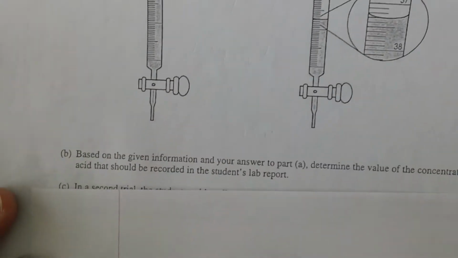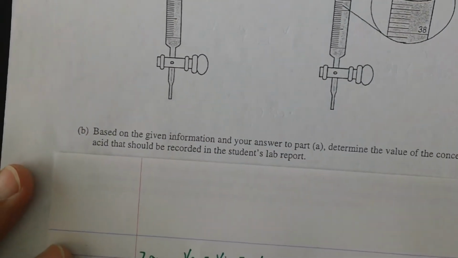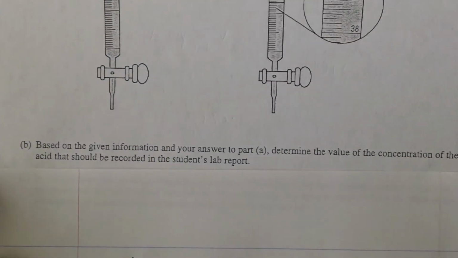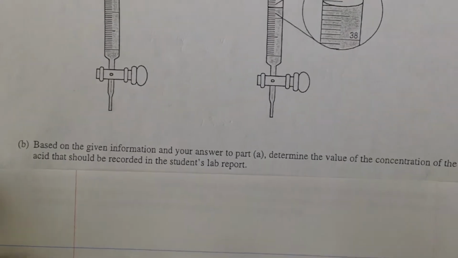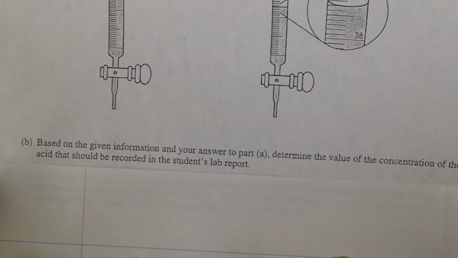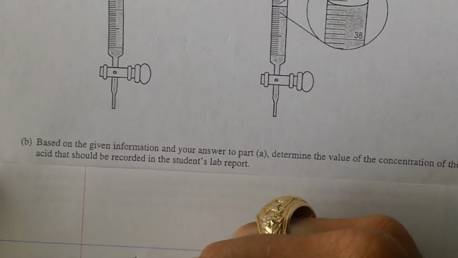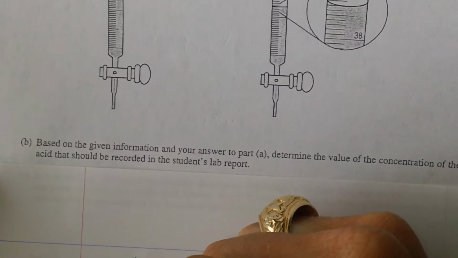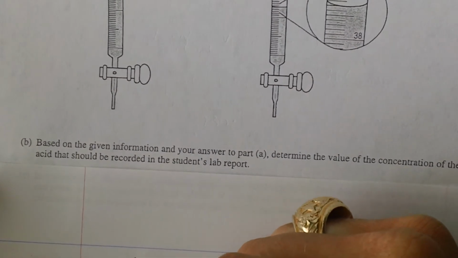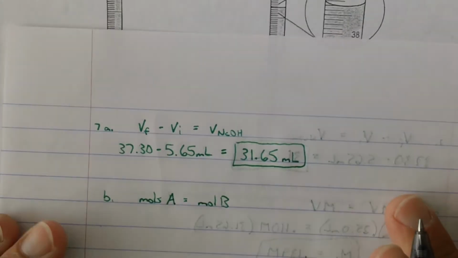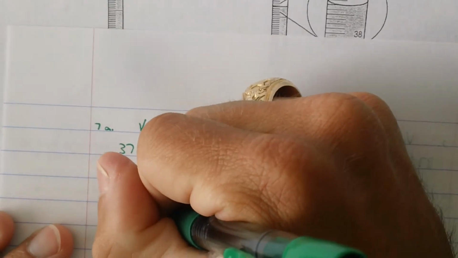And so B says, based on the given information of part A, determine the value of the concentration of acid that should be recorded in the student's lab report. And so anytime you're doing a titration, when you reach the end point or the equivalence point, the moles of A are going to be equivalent to the moles of B. And so to do that, in this case, we have molarities and volumes.